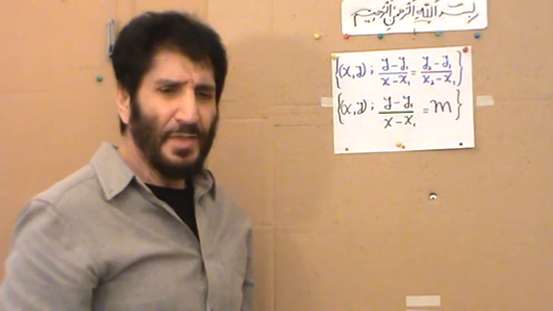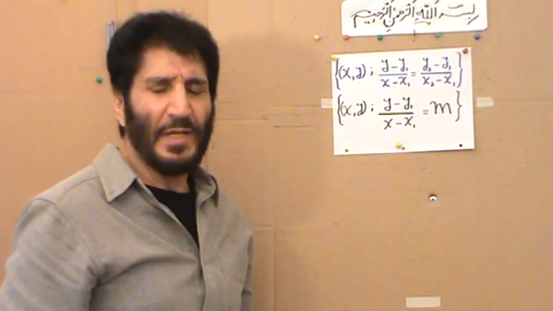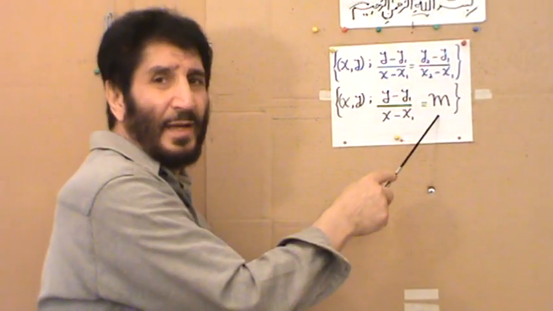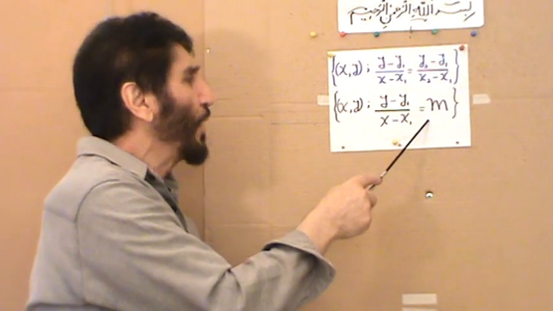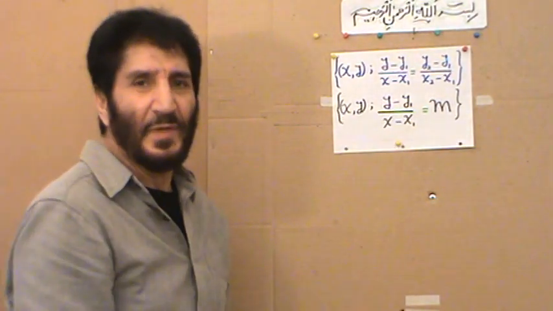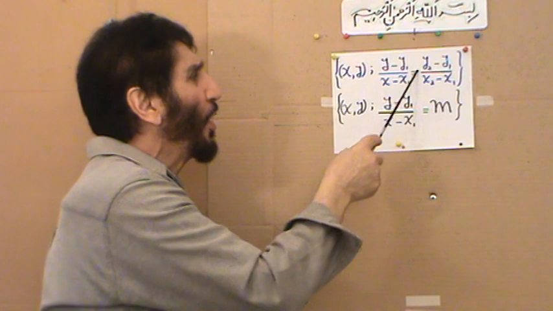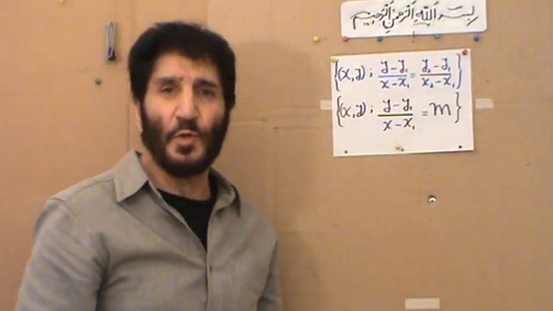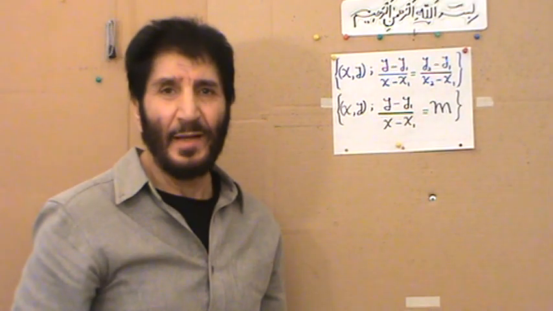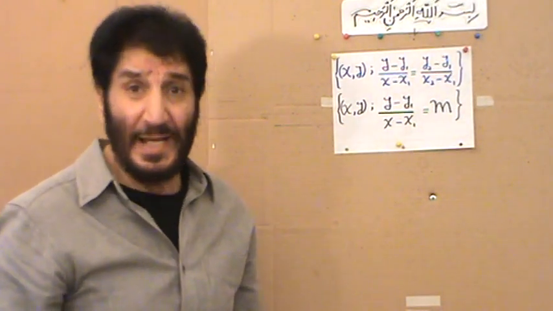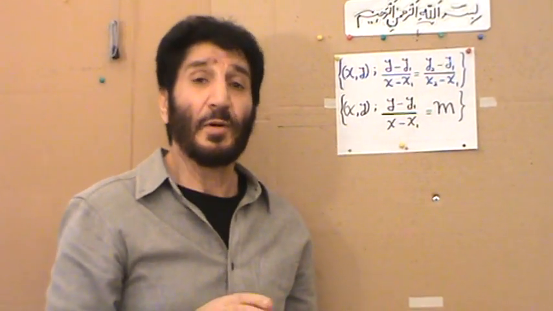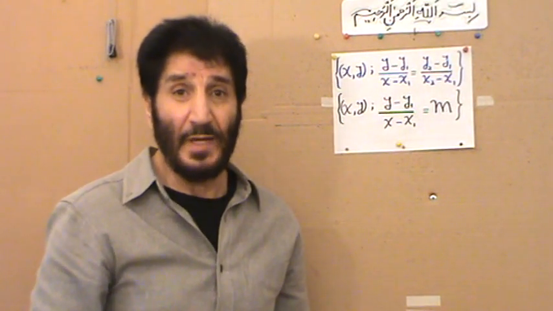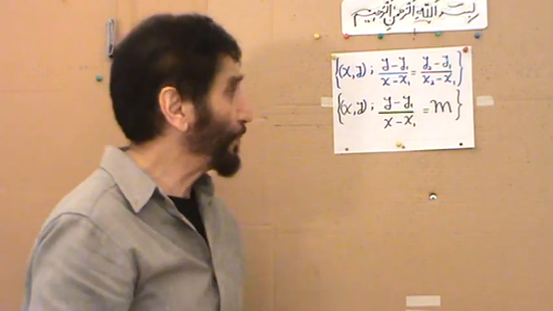Now, it is kind of a standard, almost every textbook I have seen, they use the letter M standing for slope. So let's be consistent with that. And then instead of writing y2 minus y1 over x2 minus x1 each time, we use the letter M. So the letter M stands for the slope, and our typical triangle, the first one, did give us what the slope of our line was.